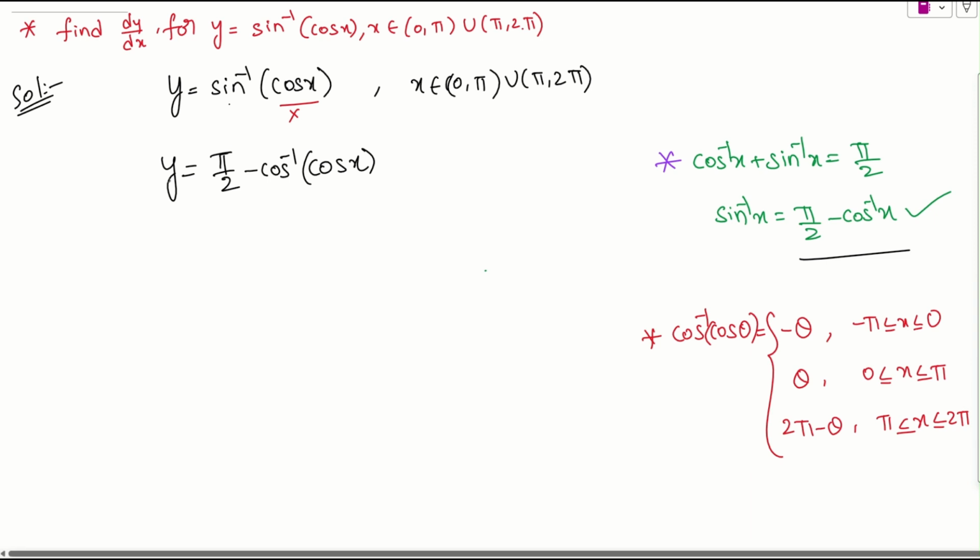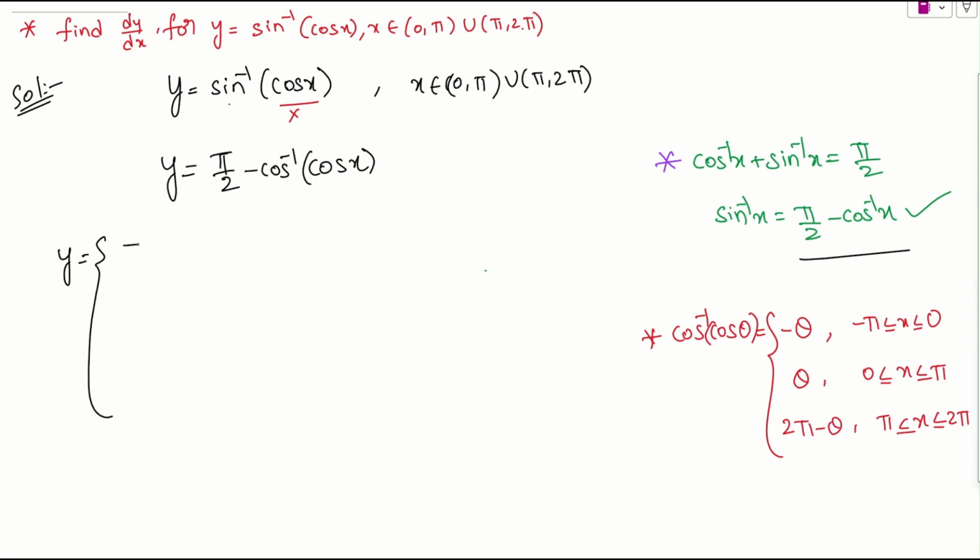So I can rewrite it as y is equal to pi by 2 minus cos inverse of cos x, in the form cos inverse of cos theta. So cos inverse of cos x will be how much? When x is between 0 to pi, it will be theta, which means simply the inside part. So I'll apply the same here: cos inverse of cos x, value will be x if x lies between 0 to pi.